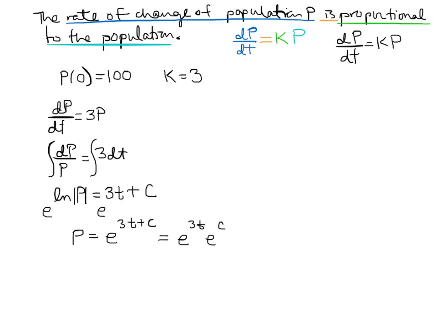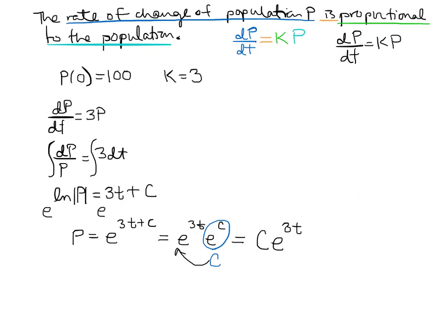But I'm going to call e to the c, I'm just going to call that c again. In the last problem, I called it negative c. e is 2.7 something, and c is just going to be some number, so let's just call that c. And so what we get out of this is that P is going to equal c e to the 3t. I just put the constant out in front.